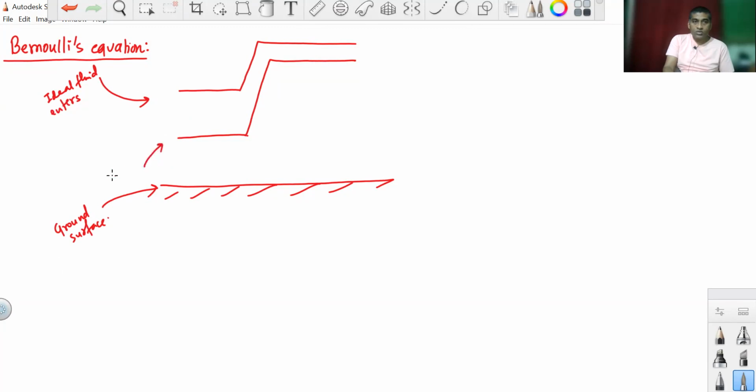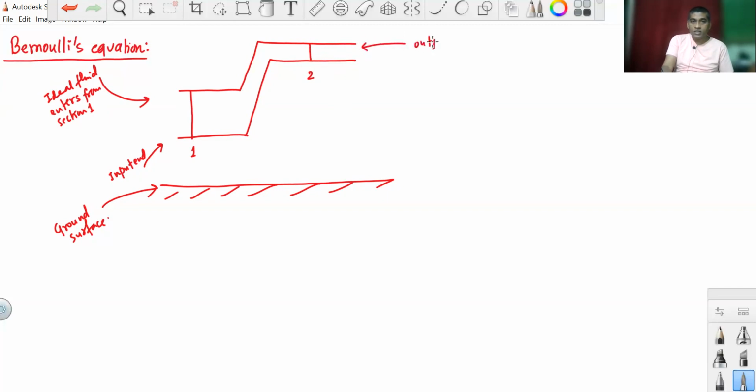So this is the input end, and let us consider the fluid enters from section 1. And let the fluid leave from this end of the tube.